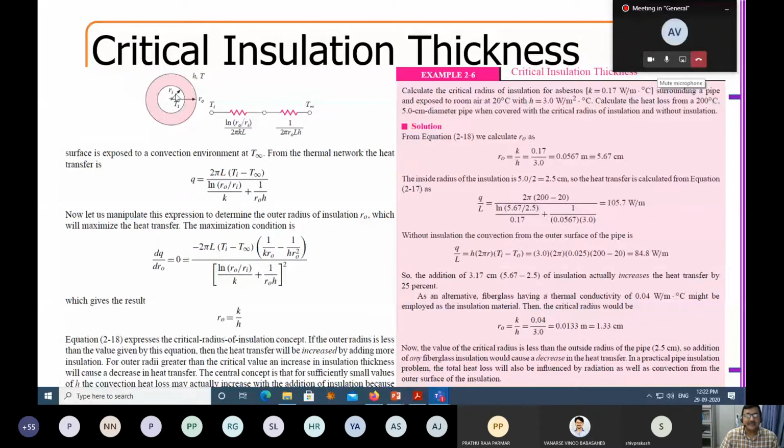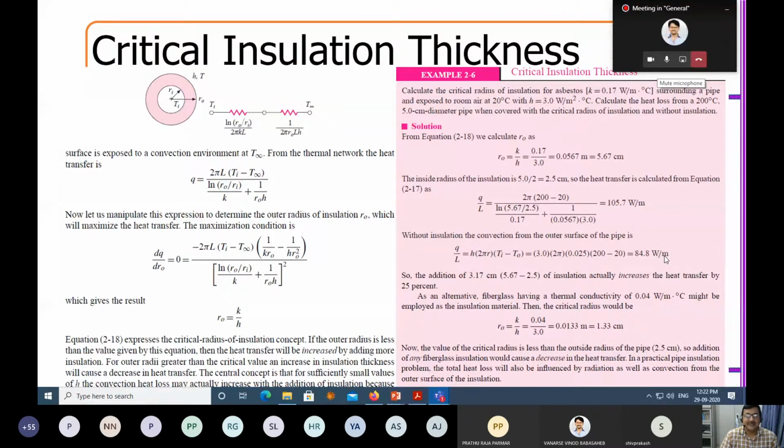Now if I think about the heat that is lost through this outer surface, Q by L again, hA delta T. A is what? 2 pi R, Ti minus T0. If I put the values, I get 84.8 watt per meter.